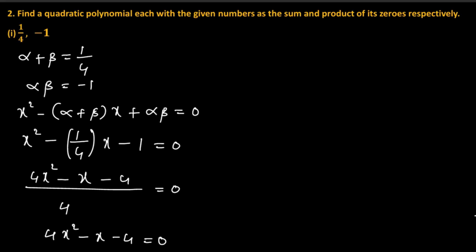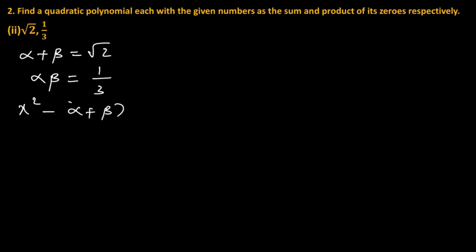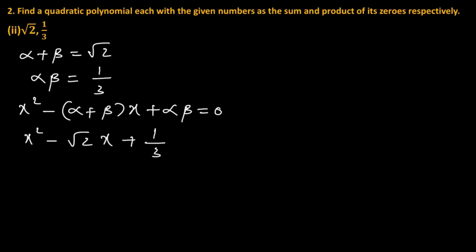Next problem is root 2 is sum of the roots. 1 by 3 is product of the roots. Alpha into beta is 1 by 3. General form is x square minus alpha plus beta into x plus alpha into beta is equal to 0. X square minus root 2 into x plus 1 by 3.